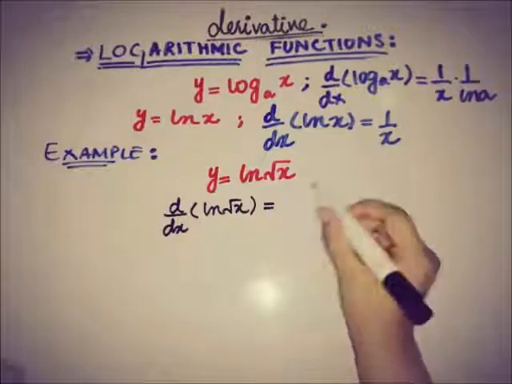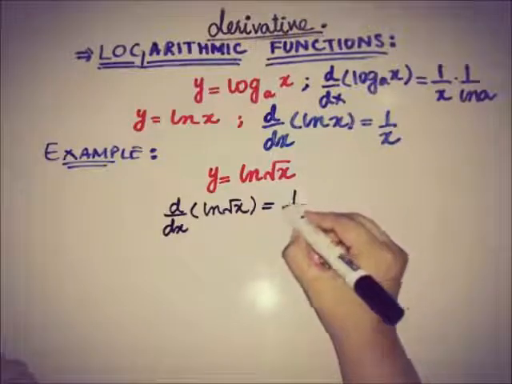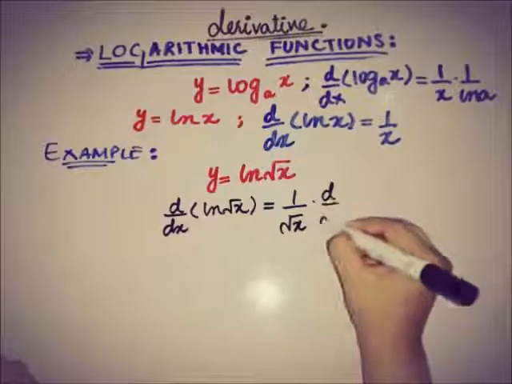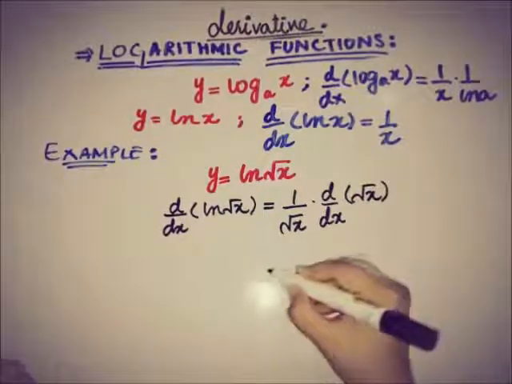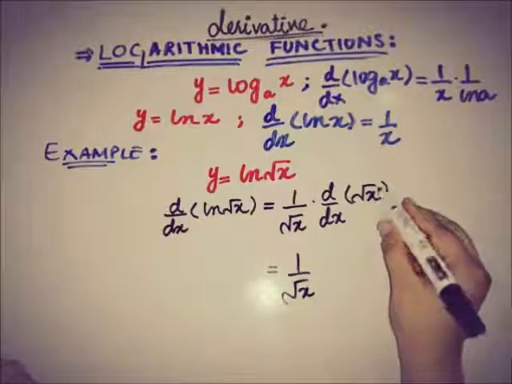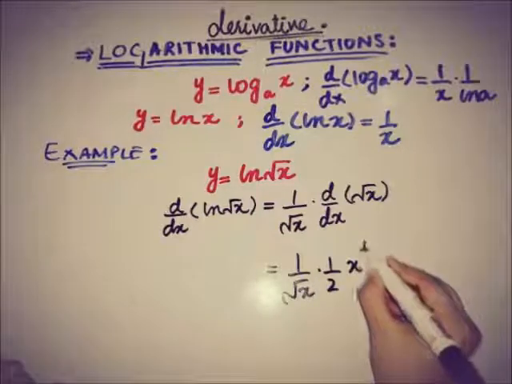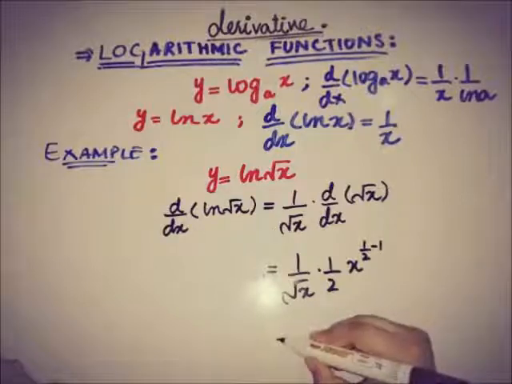All we have to do is apply this formula: 1 by x, that is 1 by square root of x, and the rate of change of square root of x. This will be x to the power 1 by 2, applying the power rule, half x to the power half minus 1, and dx by dx, that is 1.